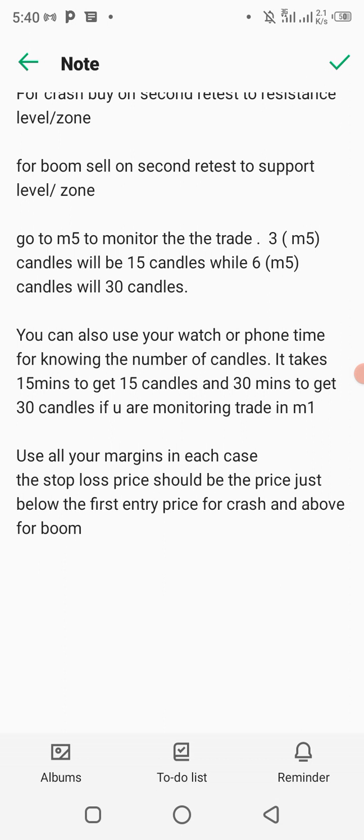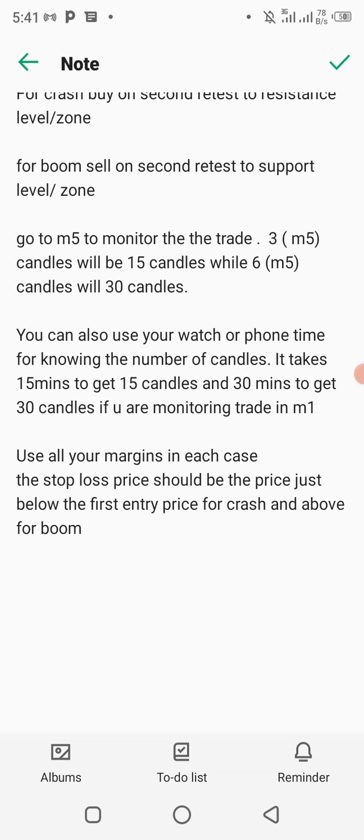So if we are monitoring the trade in M5, so that you will not make a mistake, you have to understand that in M5, 3 candles is equivalent to 15 candles in M1 time frame, and 6 candles is equivalent to 30 candles in M1 time frame.